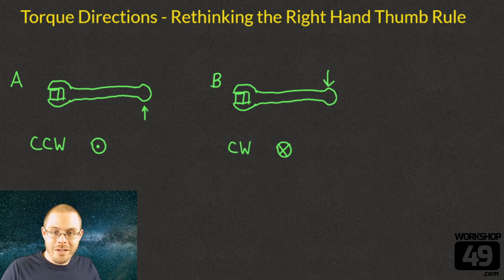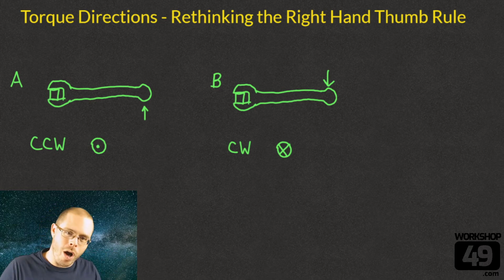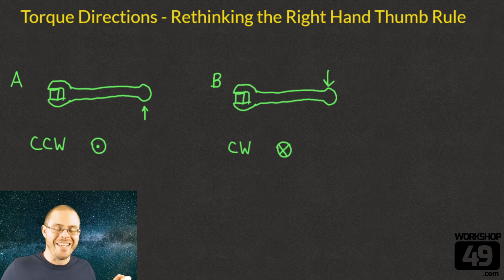If, on the other hand, I turn an object clockwise in the direction that it's supposed to go, that will tighten it. If you turn a lid clockwise, you're tightening it. If you turn a wrench clockwise, you are tightening it. And the way I remember is that if I turn something counterclockwise, I'm undoing the clock.